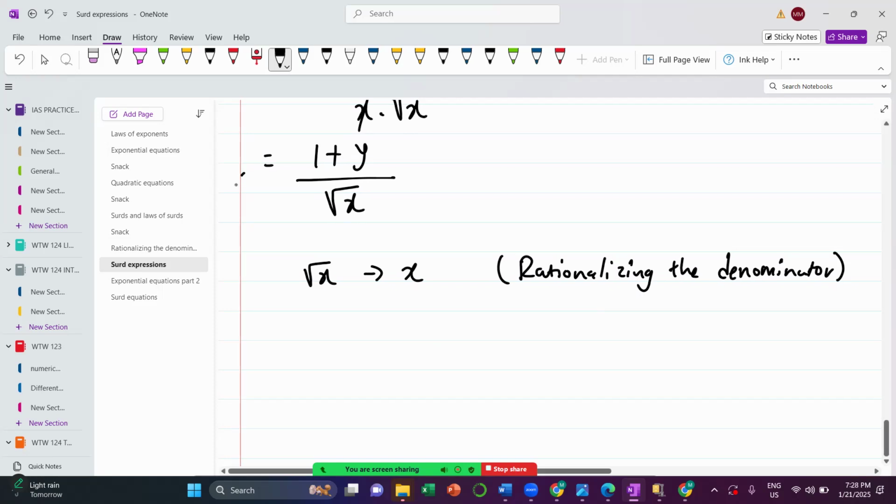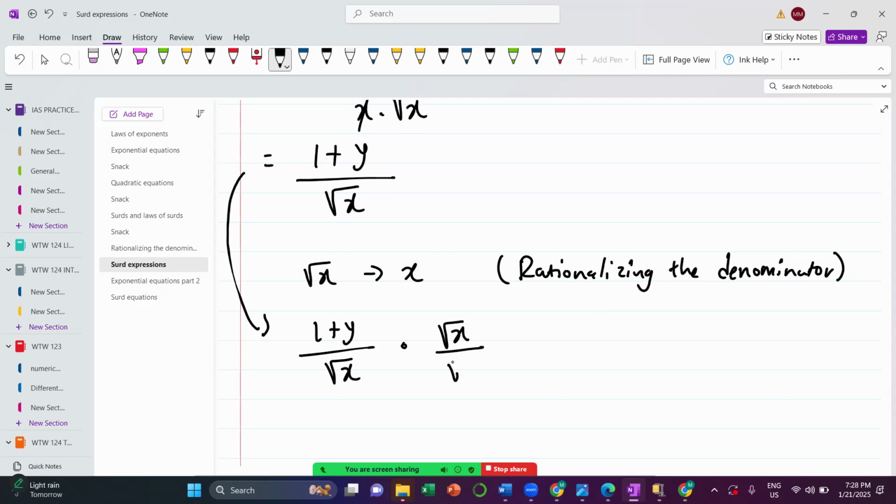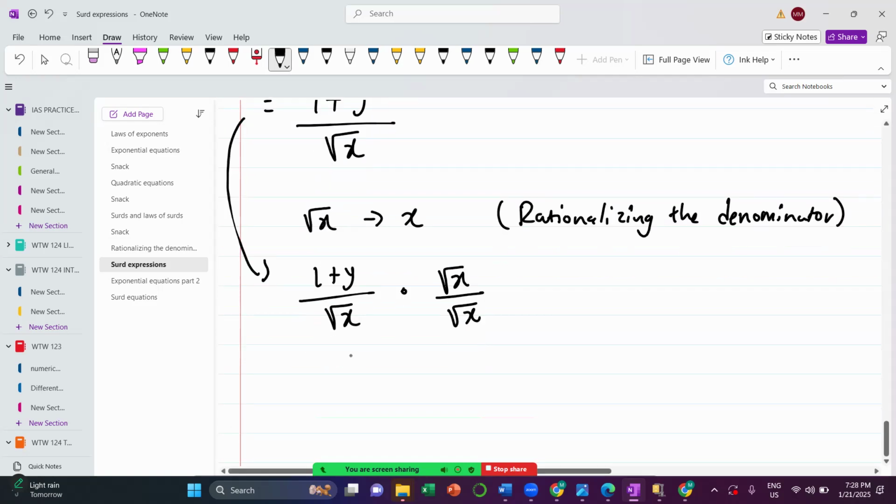So we are going to have 1 plus y all over root x, times root x all over root x. Right? And what is this going to give us? It's going to give us root x into 1 plus y.